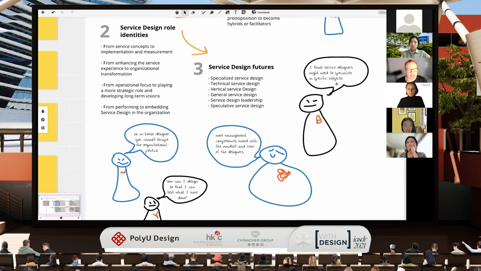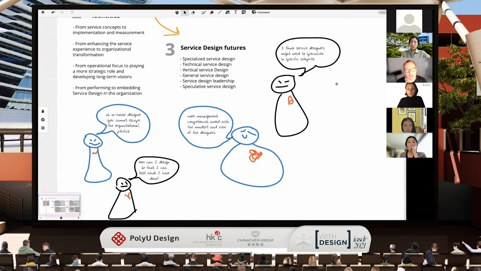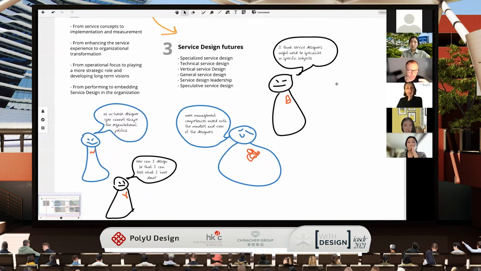Then what we did at the end, we were looking at what this means, looking at what they were thinking, but also what we were hearing them talking about. We were trying to figure out whether there were more specific futures for service design.